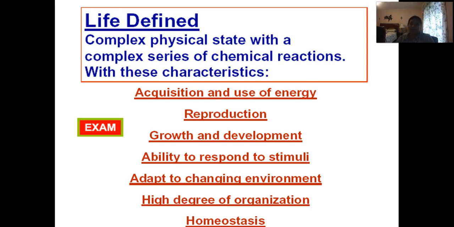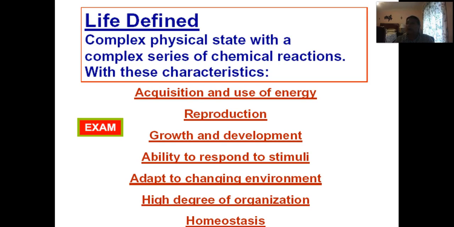Many of your organisms, whether they are single-celled or multicellular organisms, you will see that they have a high degree of organization. So there is a design to the madness. It's not just a balloon filled up with all the stuff that is needed. There is a design to where things are found and what function is performed by each thing within that environment.